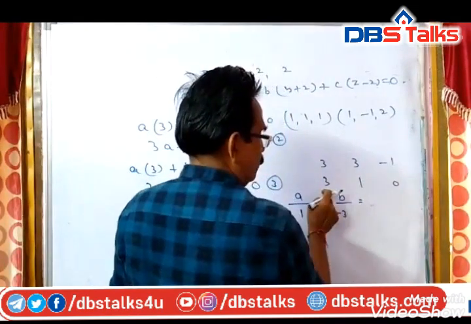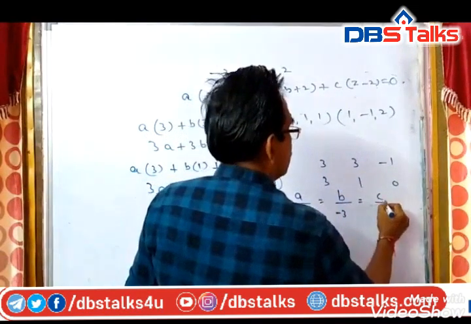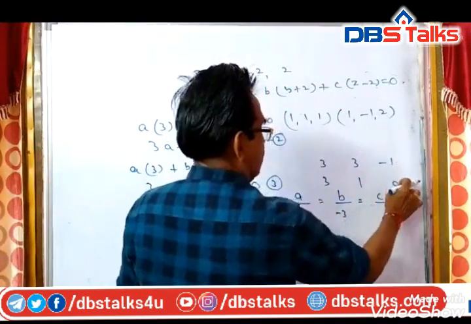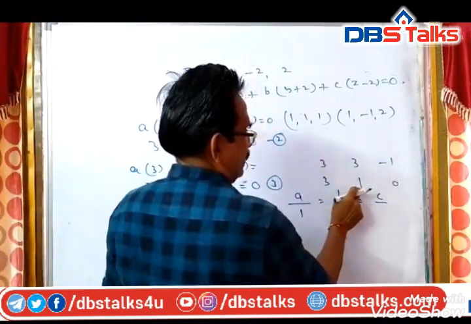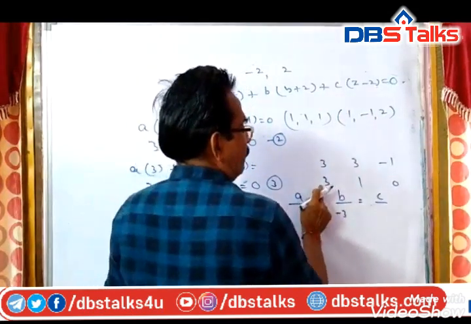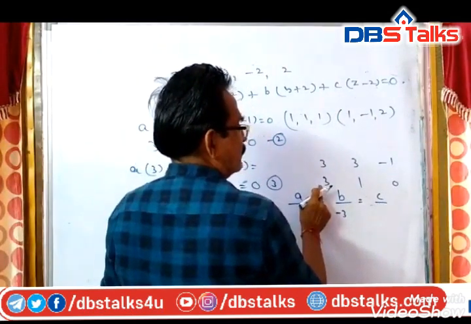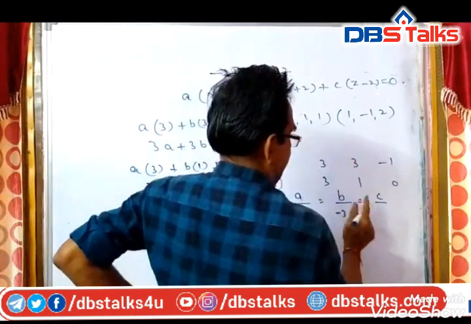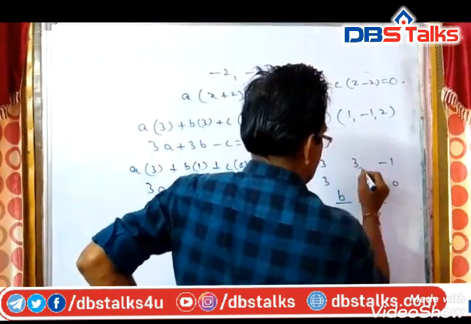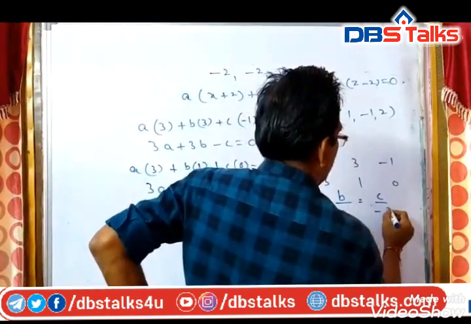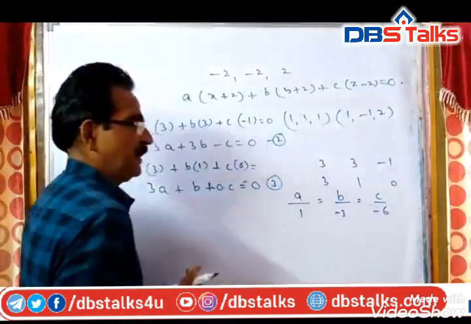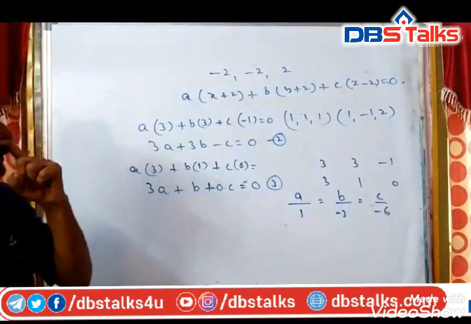While finding b you have to do it from this. For c, 3 into 1 is 3, minus 9, giving minus 6. So a is equal to 1.